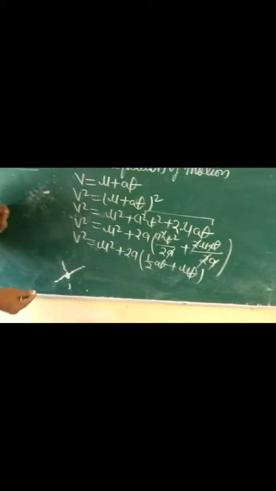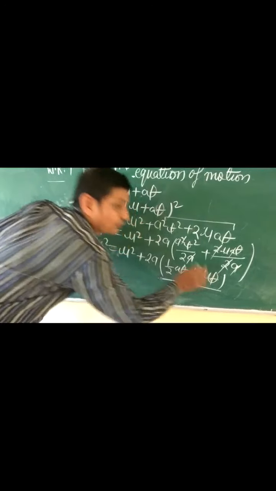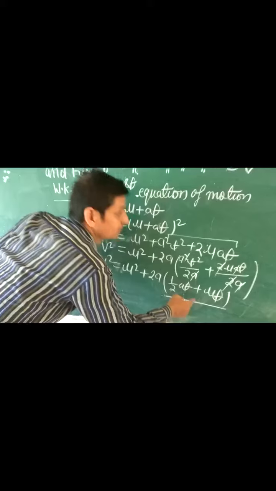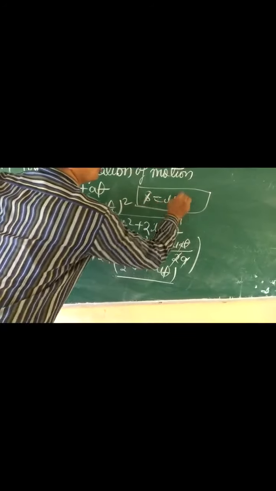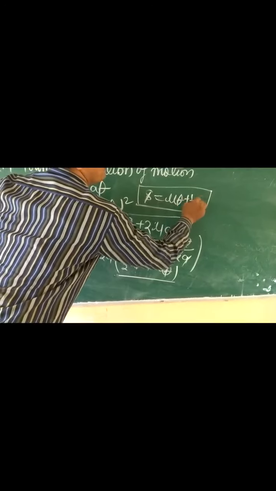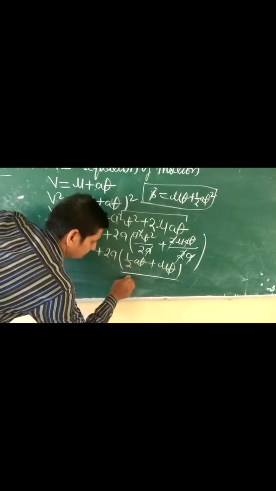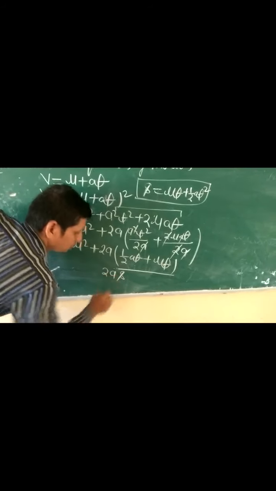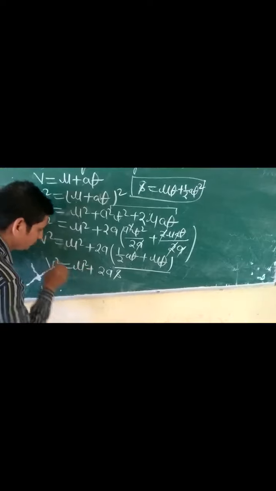Dear student, we know that ut plus half at square is equal to s. So in the place of this we can write, from the second equation of motion, s is equal to ut plus half at square. So it becomes 2as. v square is equal to u square plus 2as.